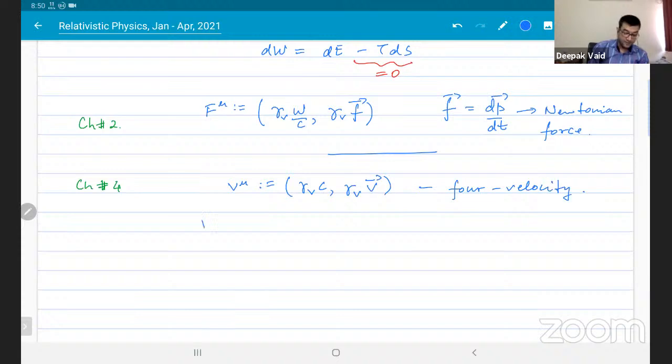Okay. Now let's take the dot product of these two. And what do we get? Well, I get minus gamma V squared dE dt, right? That's this W term. And then plus vector V dotted with vector F. Okay.